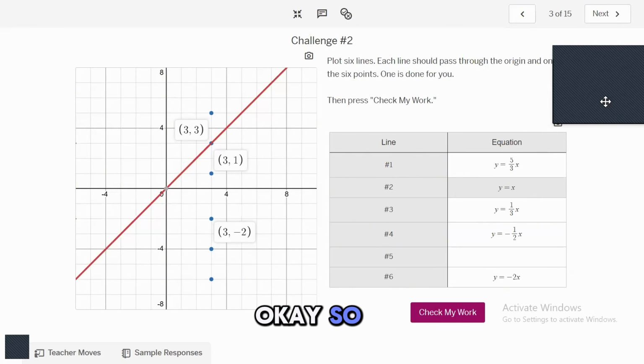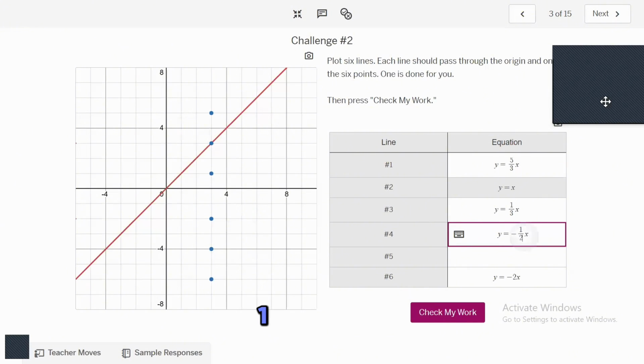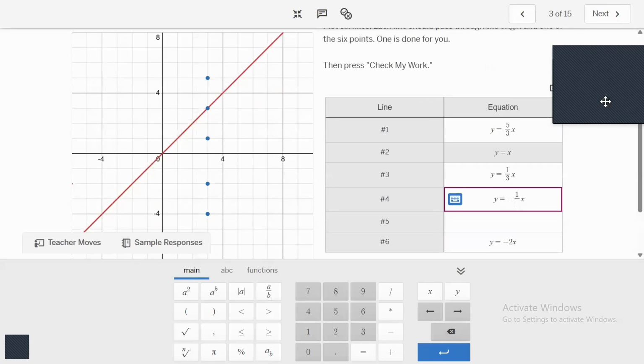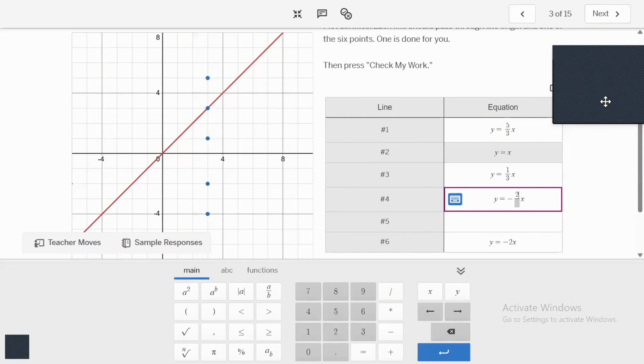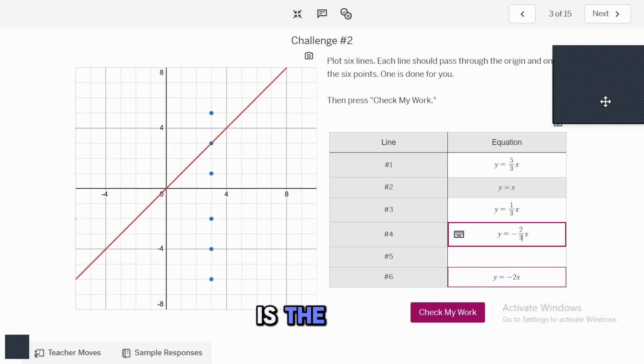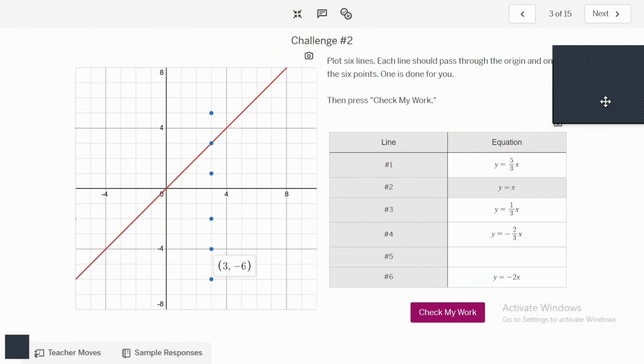Okay, so if it's not negative 1, maybe I need to change the top number. Let's try 2/3. Marcus, what was yours for this one? Well, negative 2x is the last dot. Understand. It's okay.